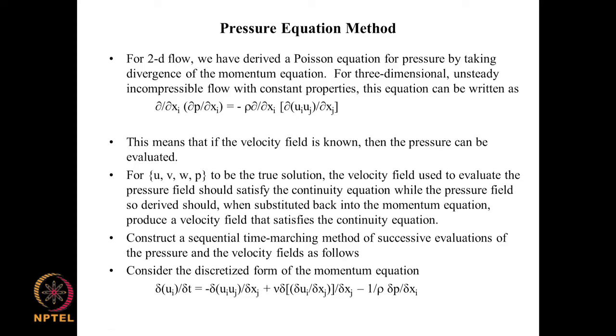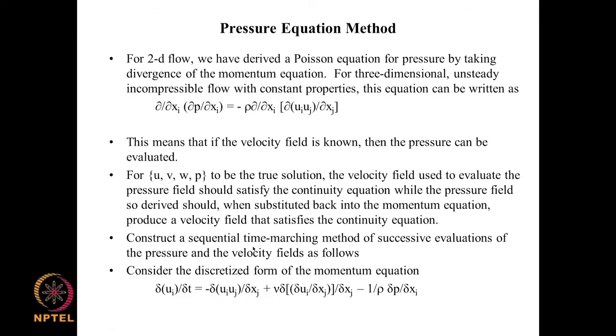So, we need to solve both the continuity equation and the momentum equation. If we are evaluating pressure from a velocity field, this pressure when substituted into the momentum equations to get a velocity field, that velocity field should also satisfy the continuity equation. So, that kind of necessary condition is there for a u, v, w, p field to be considered as a true solution of the Navier-Stokes equations.